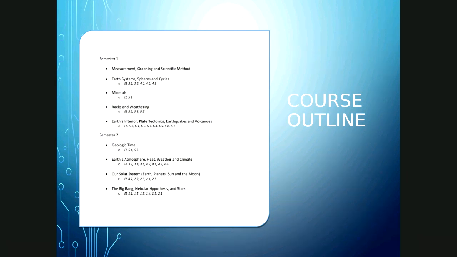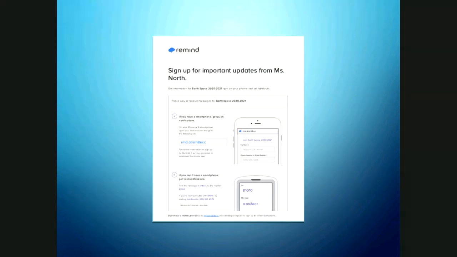When I was talking about Remind as a way to contact me, like I said, most of the kids have signed up already. But if they have not, this is the way they sign up. You just use this number, 81010, and then you send this message, and you'll be signed up for my Reminds. Parents are also welcome to sign up for Reminds as well.